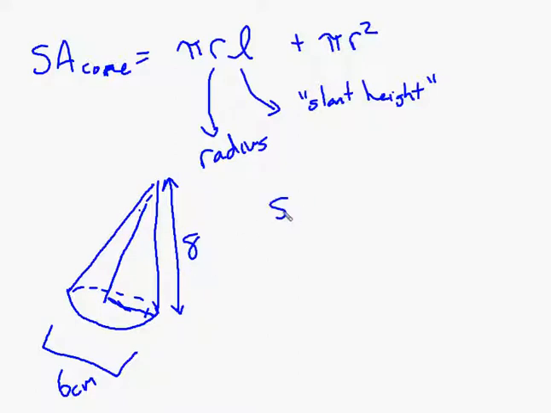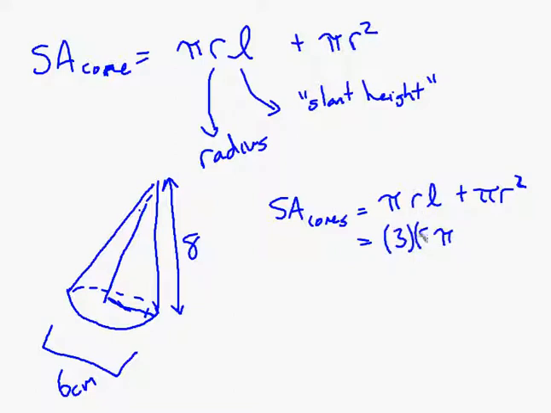So the surface area of a cone. We're just going to use this formula. You're going to need to memorize it. We'll write it every time that we use it. Pi r L plus pi r squared. We'll just leave pi on it. So pi. R is what? 3. And my slant height is 8. Plus r squared is going to be 9.